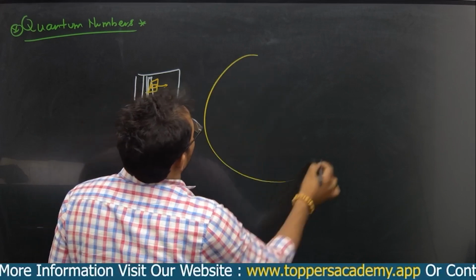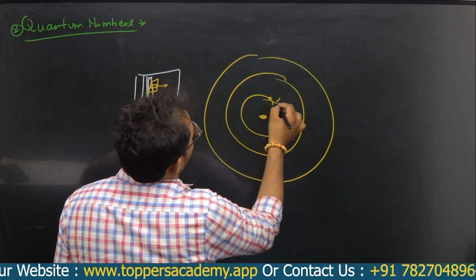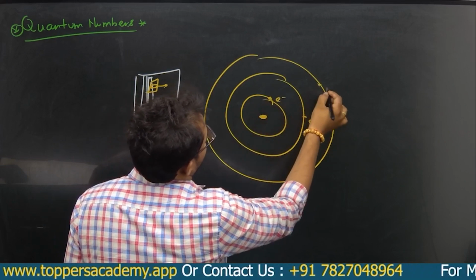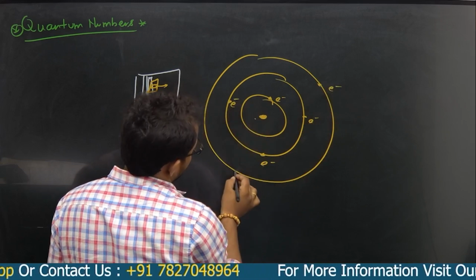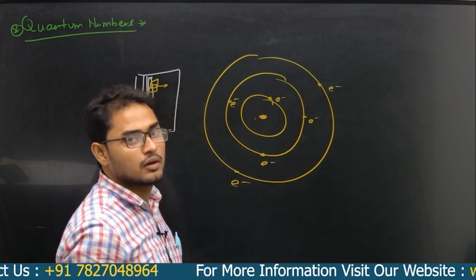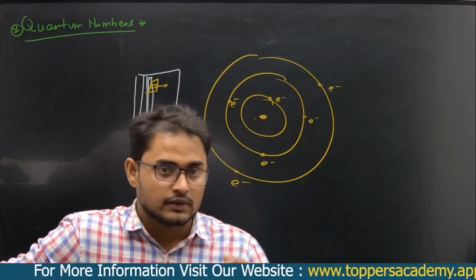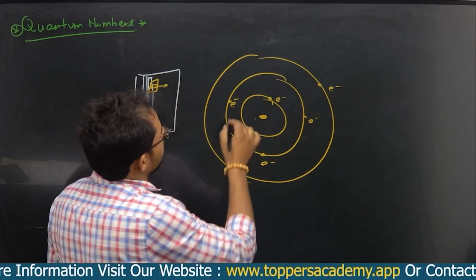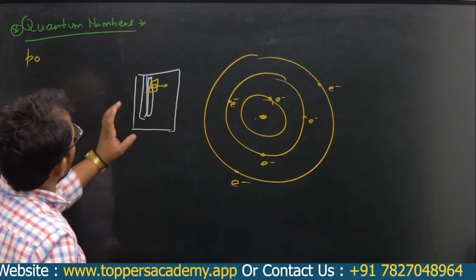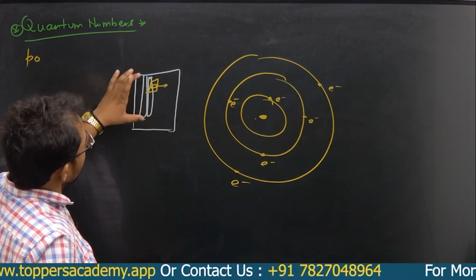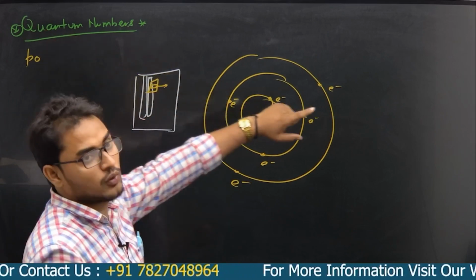Similarly, in an atom, there are a lot of electrons present. These electrons have their particular position, their particular energy value. So what I am saying is that you have an address for your location and the electrons have quantum numbers for their location.